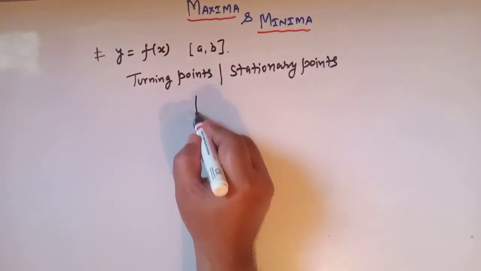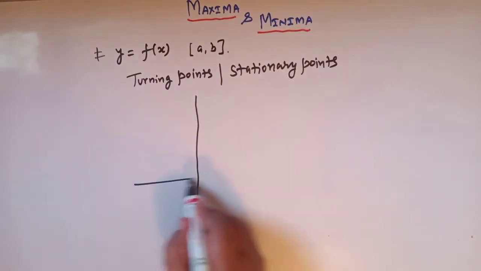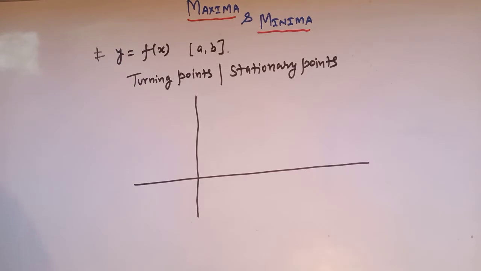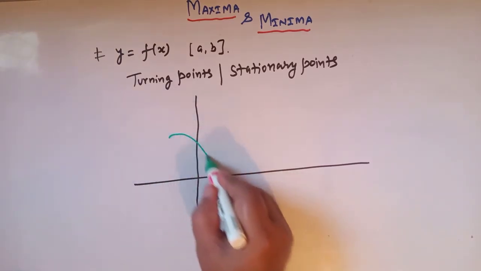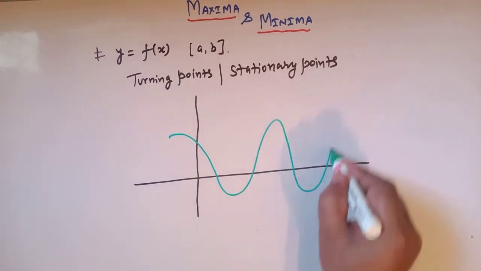Suppose we have a graph like this. Suppose we take a graph of a function y equal to f(x), and we have the graph as, say, this.